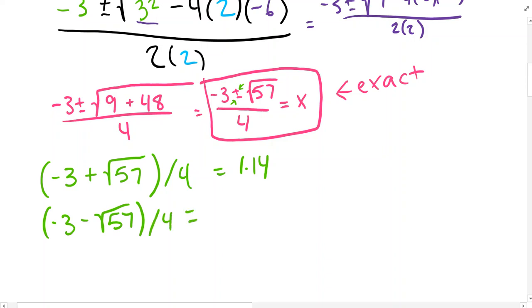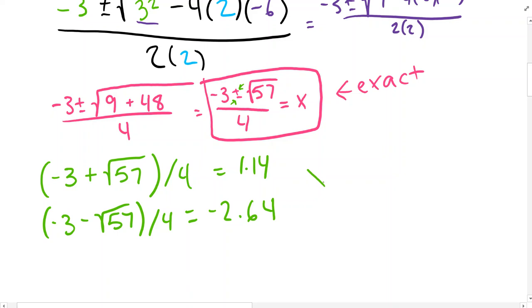So then I'm going to go back. I'm going to switch that to minus now, and I'm going to get -2.64. And these are going to be my rounded answers.